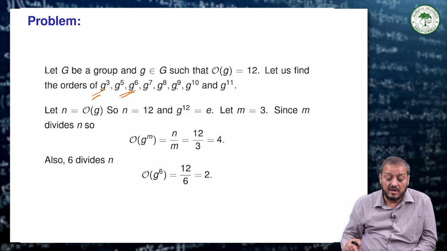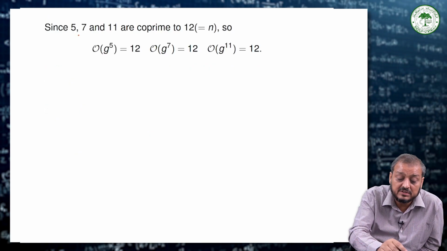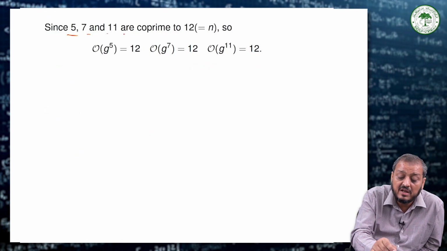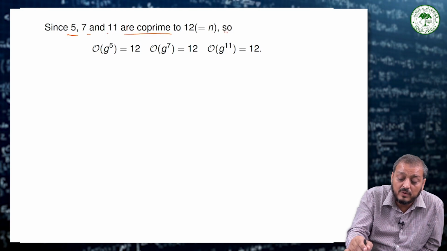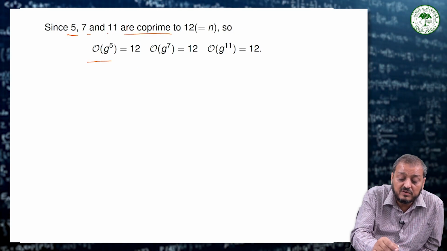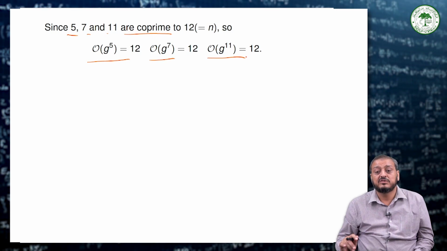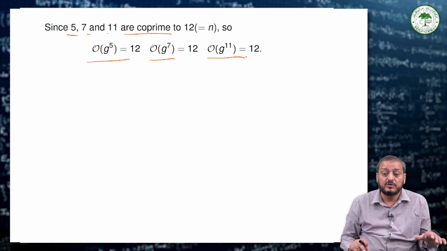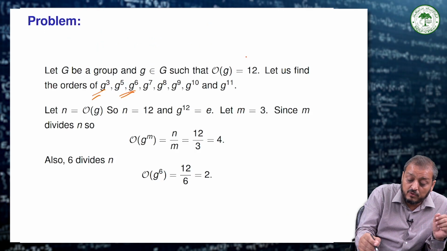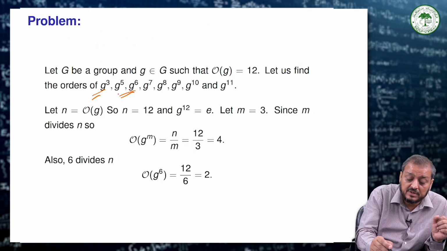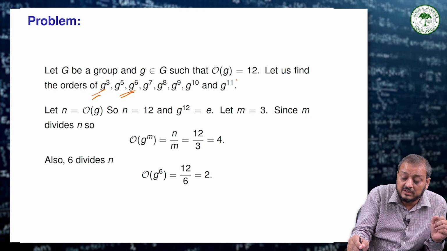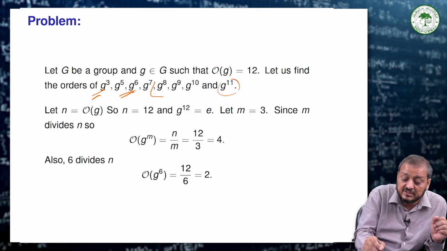We can say that 5, 7 and 11 are coprime to 12, so G to the power 5, G to the power 7 and G to the power 11 all have order 12. So we have found the orders of G to the power 3, 5, 6, 7 and 11. Now we are left with these three.